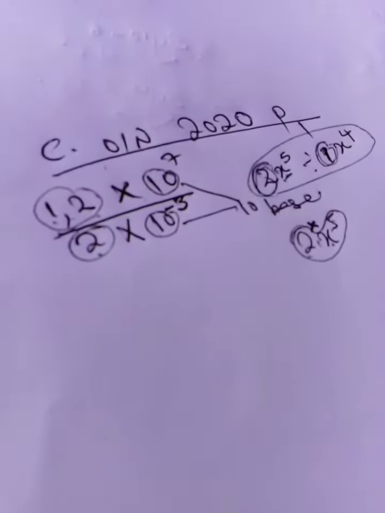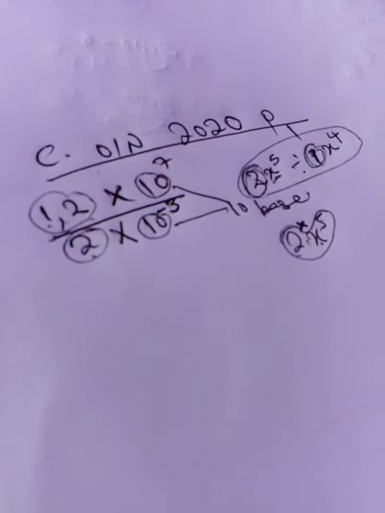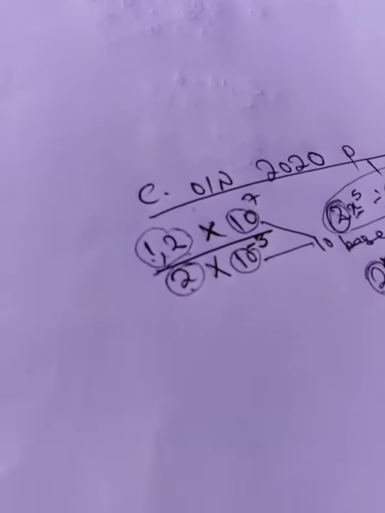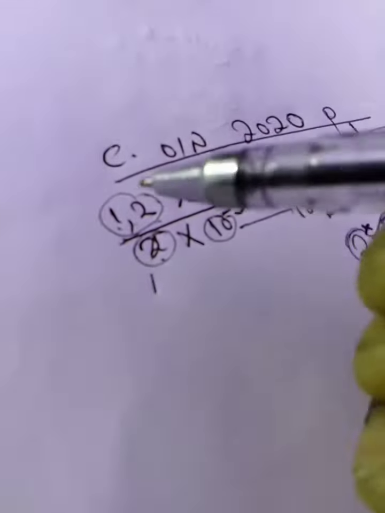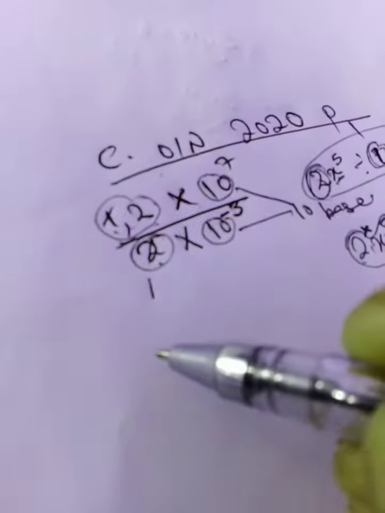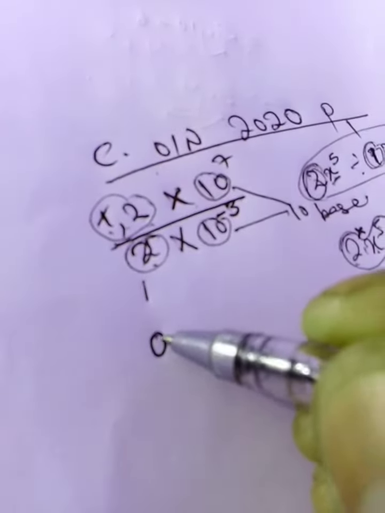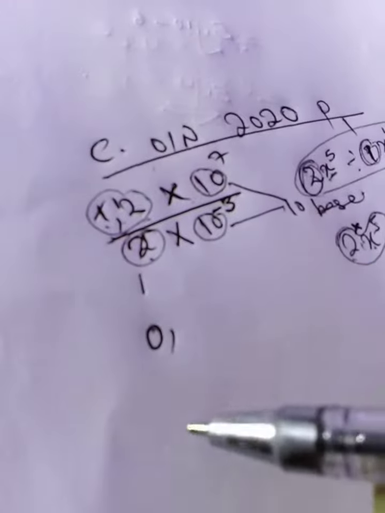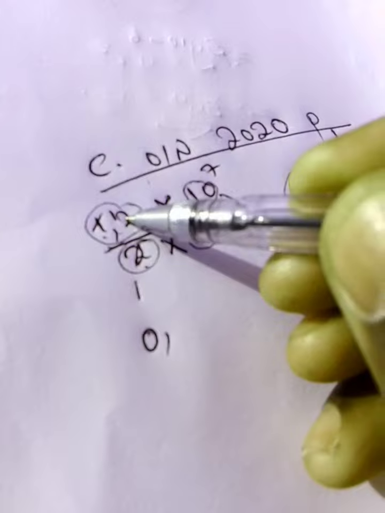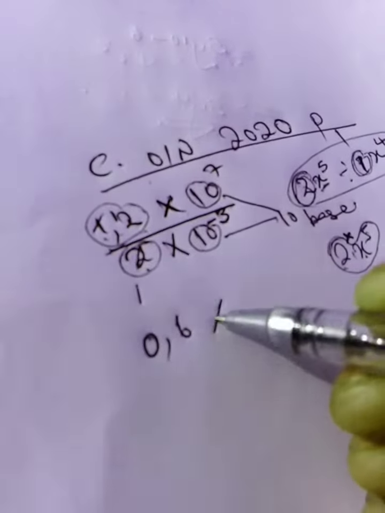So we are going to divide 1.2 by 2. How do we divide these numbers? 2 into 1, 0. 2 into 12, we got 6. So we got 0.6.